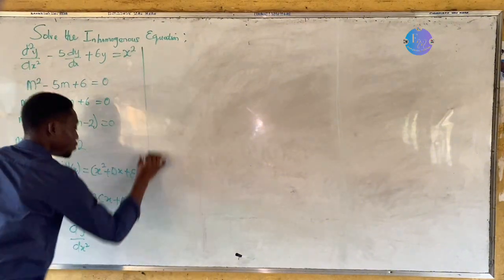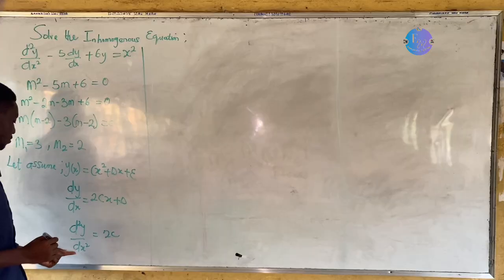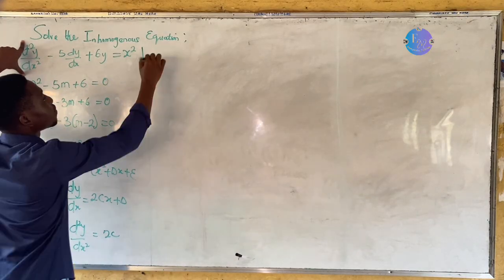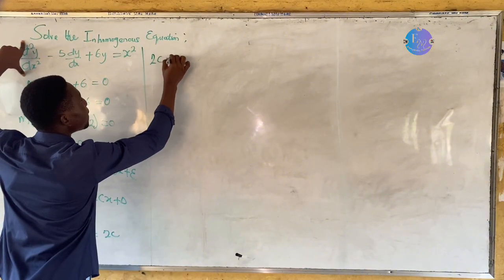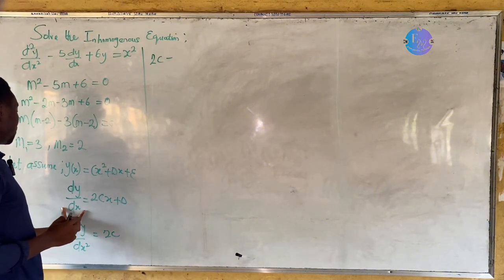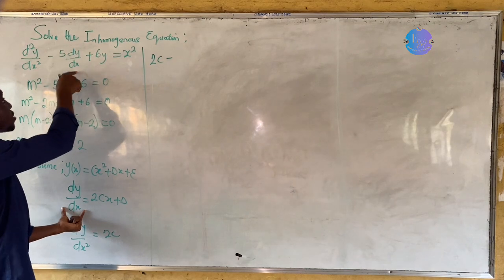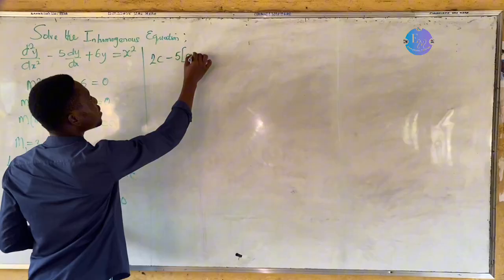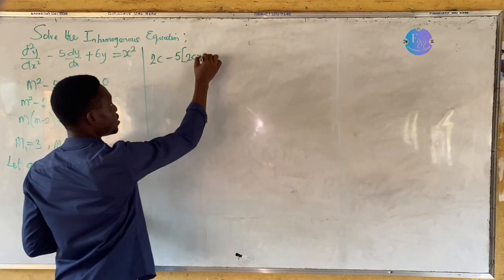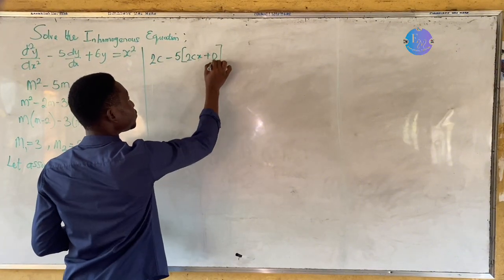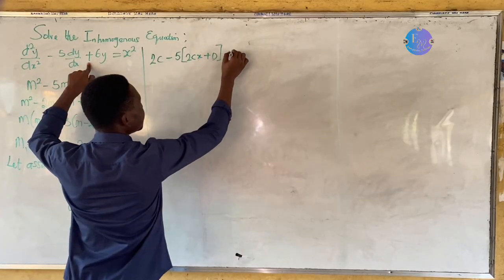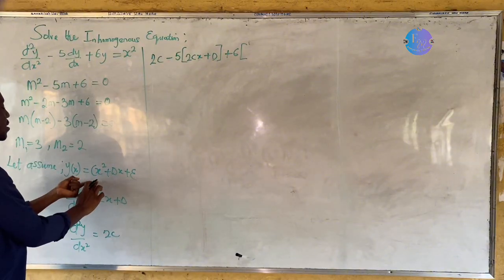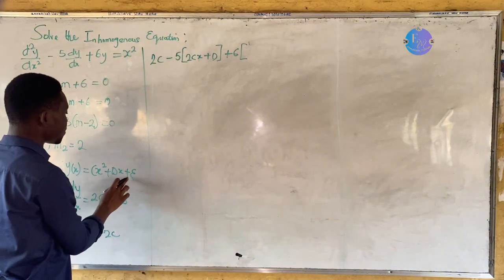So by doing so, d squared y/dx squared is equal to 2c. So we have 2c minus dy/dx. Put it into this, we have 5 into 2cx plus d, plus 6 into y. y is cx squared plus dx plus e.